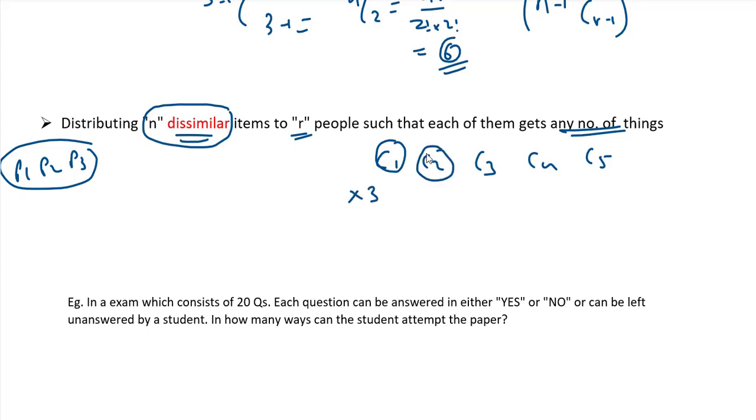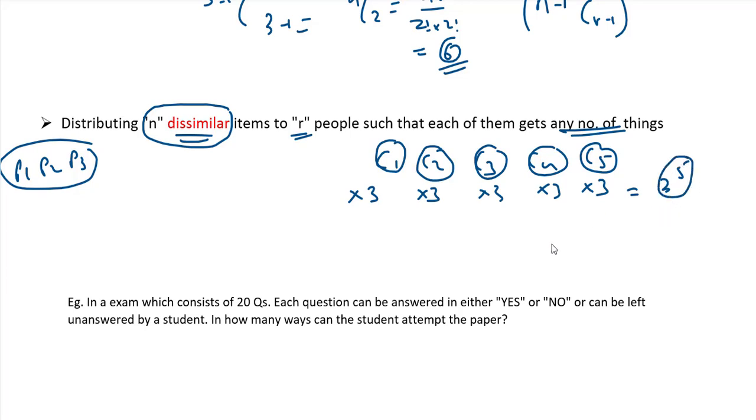For the second chocolate, again I can give it to any of these people, so I'll have another 3 options. I can give it to P1, P2 or P3. Likewise for C3, C4 and C5 also, I'll have 3 options, 3 options and 3 options. So the total number of ways in which these 5 chocolates can be distributed to 3 people will be 3 into 3 into 3 into 3 into 3, which will be 3 raised to 5.